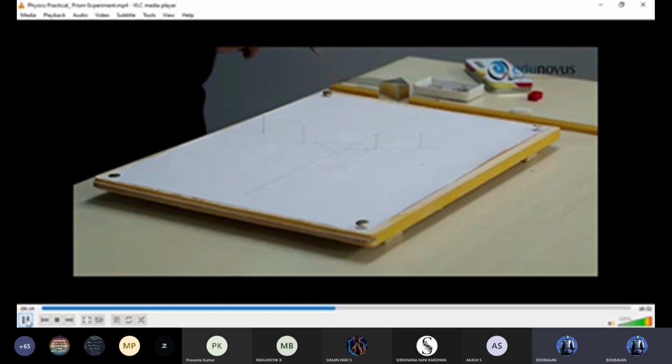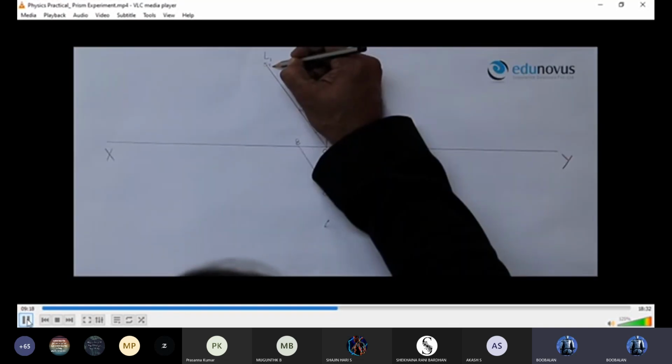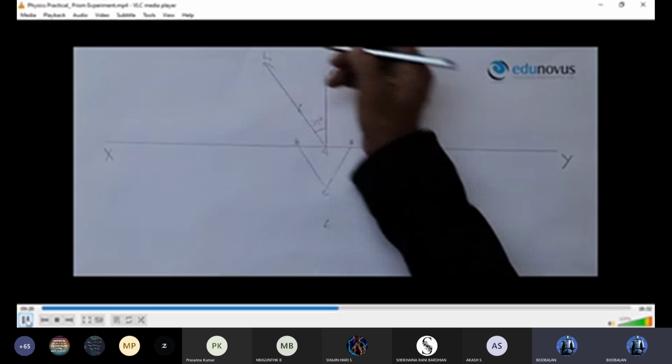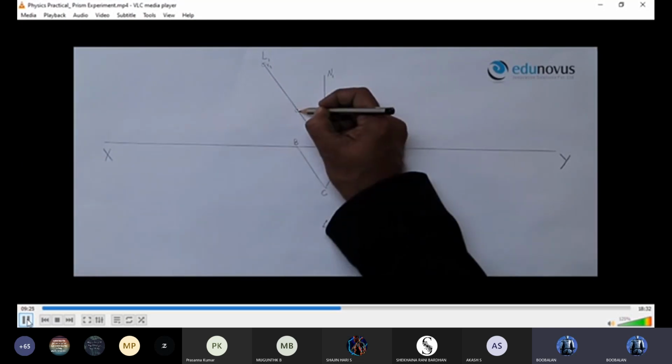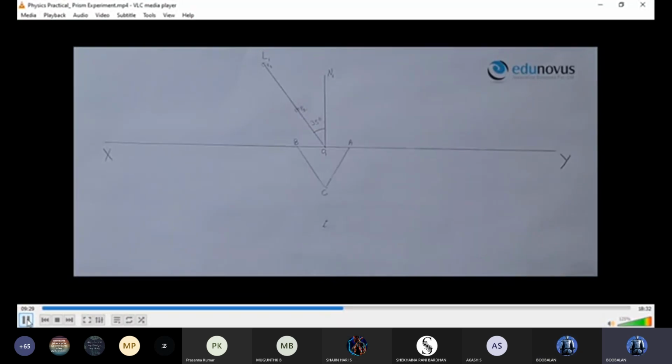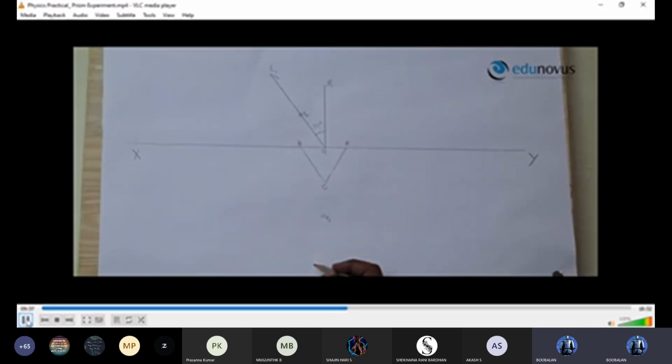So like that, you want to take 3 readings. This is 35 degrees now. 3 to 4 readings. Last time we took 5 readings. If any of your seniors are there, you can ask them about the prism experiment.